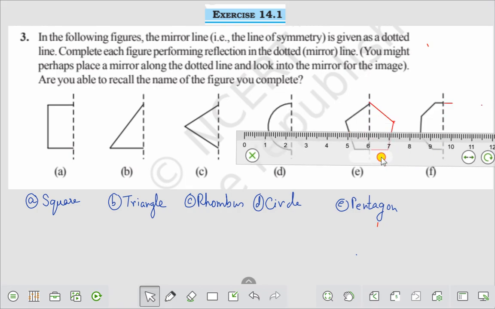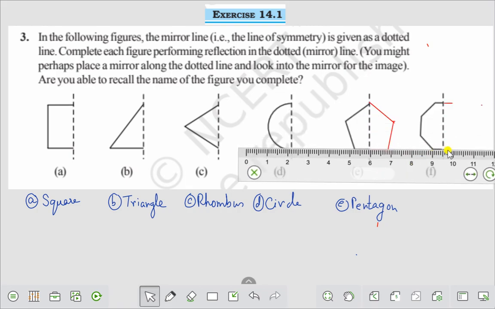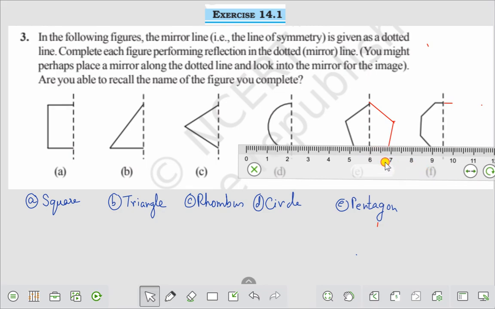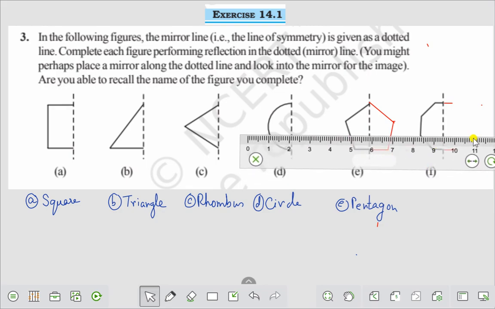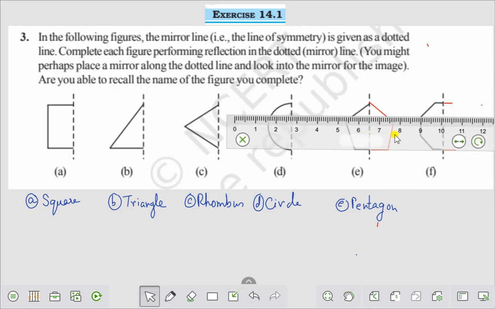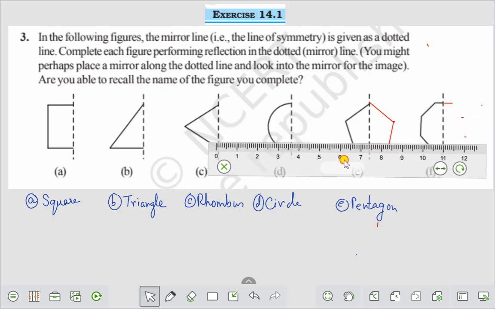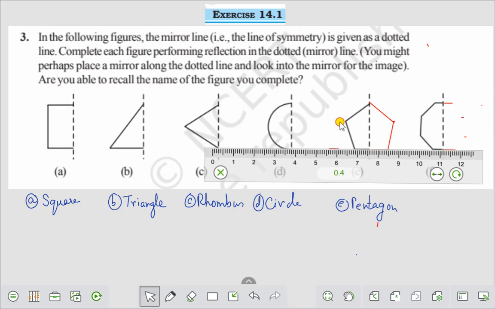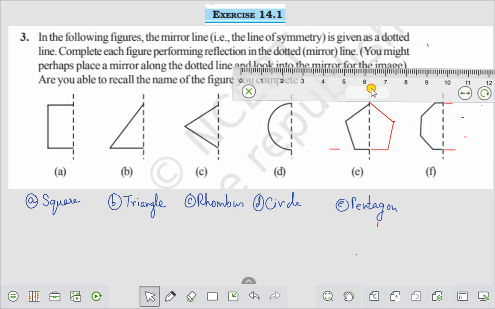Next, draw this horizontal line, right? Now take another point here at this point, and here you take another point, right? Now join this point, and join this point.